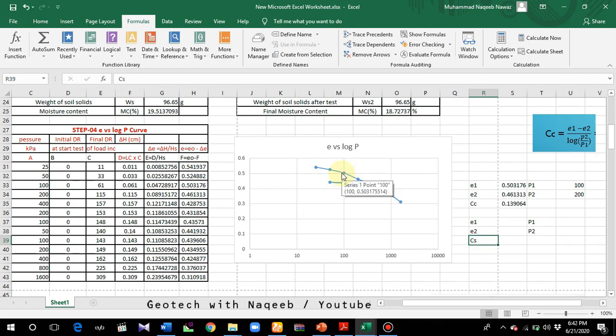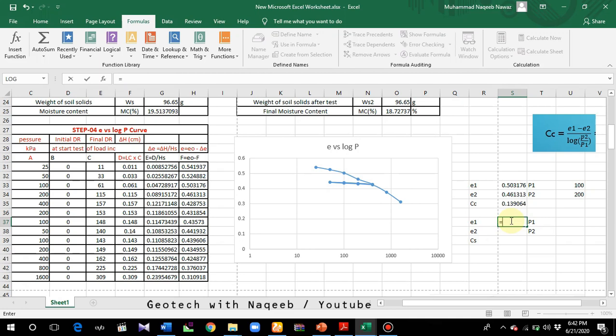Again, here is a trick. You will have to select the point E1 just behind the point you selected for Cc. Like if you have selected E1 here, then you will have to select the E1 for C sub S right below this, like here 0.435.